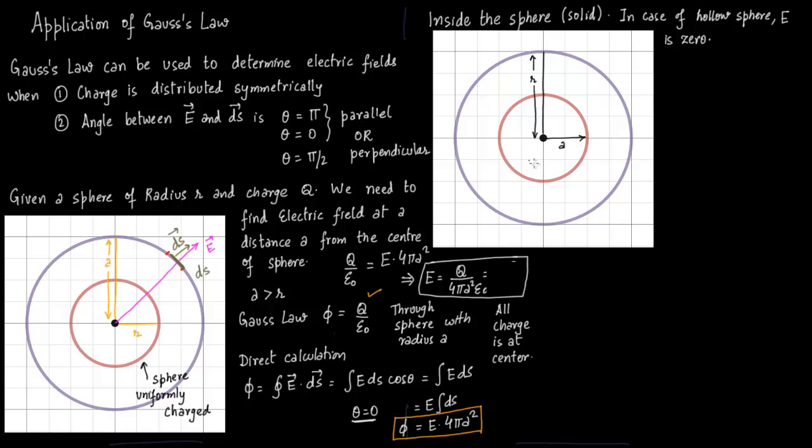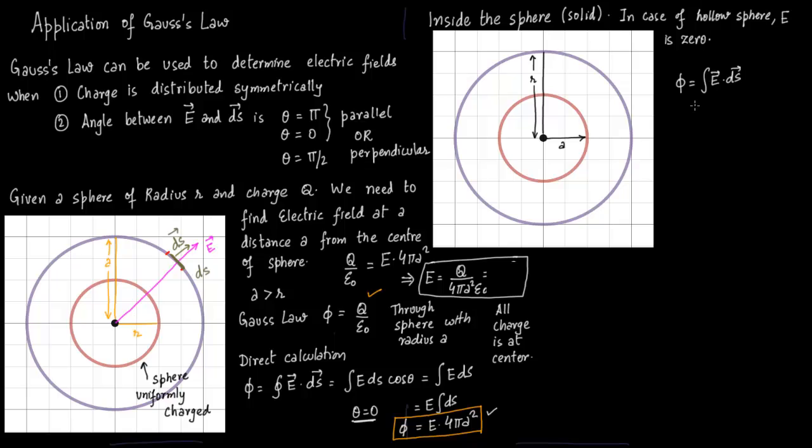But for a solid sphere, we can talk about electric field inside it. So now in this case, we have taken a sphere which is inside the solid sphere of radius r. So we have a sphere of radius a. So the flux calculation remains as before.